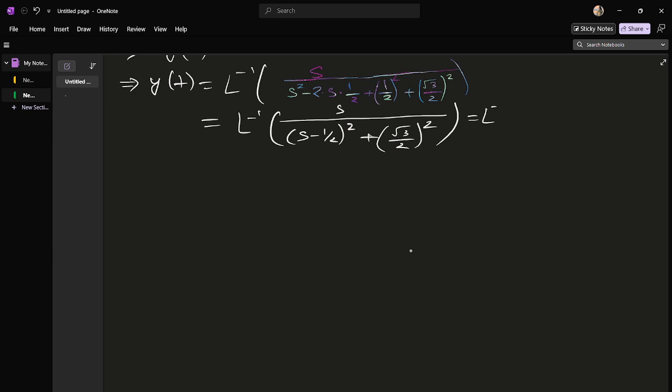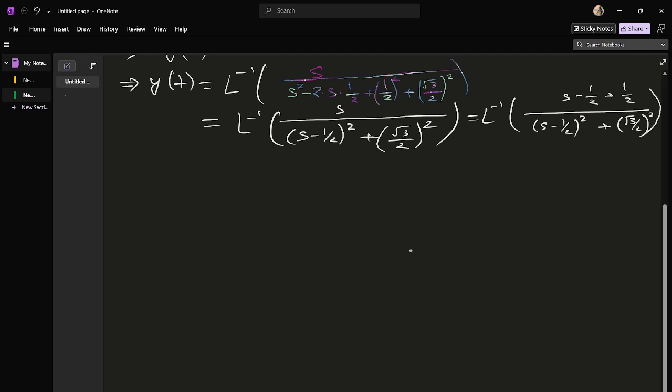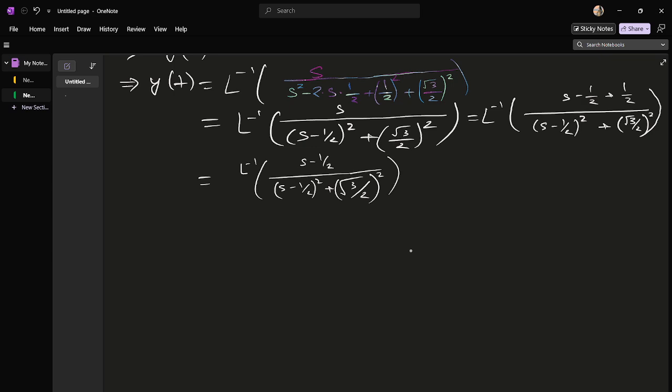So what can we do? We can use this thing: L inverse of s minus half and s minus half square. After some time you can see the magic of solving this.